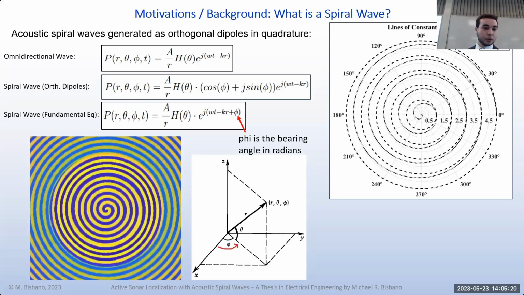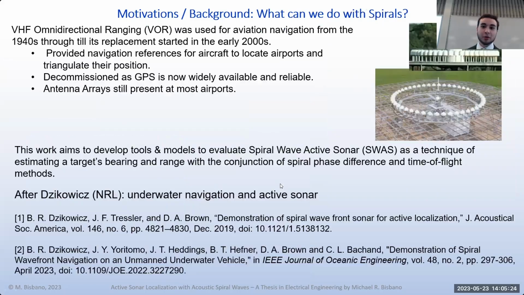So here's some background. A long time ago, in the 40s even, we were already using spiral waves for navigation. Now, that was for aviation with RF signals, but these two pictures here, the top one being taken actually at TF Green just a week ago or so.